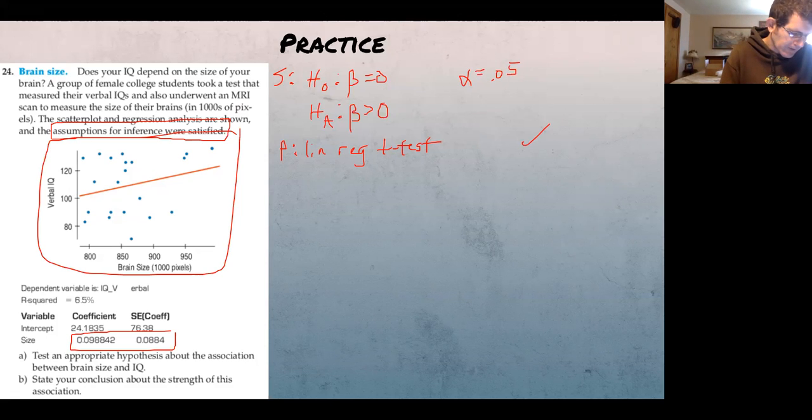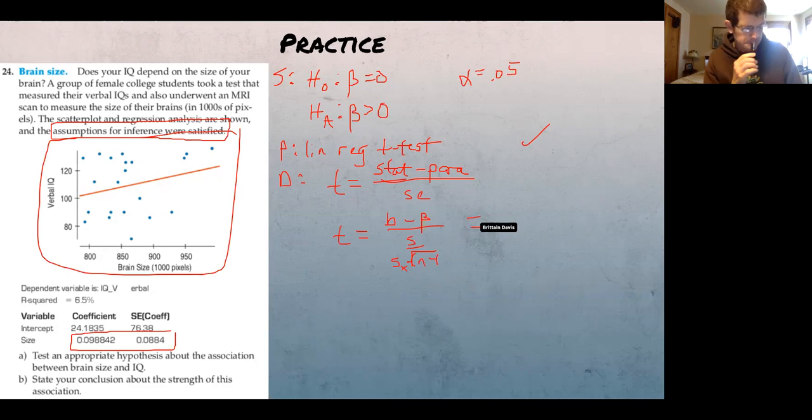Okay, do. So this is same as before, stat minus parameter divided by standard error. And my specific formula is going to be b minus beta divided by s sub x times the square root of n minus 1.